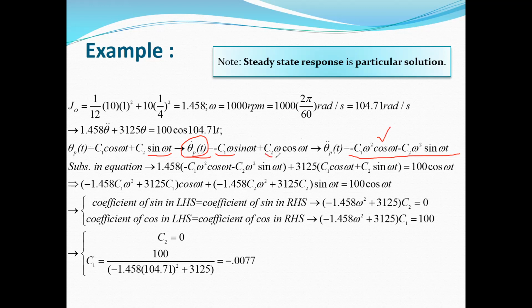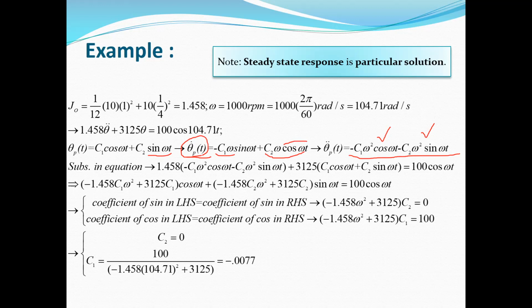And for the term that includes C2 and omega, which are constants, the derivative of cosine omega t is again minus omega sine omega t, and we have another omega here, so it will be minus C2 omega squared sine omega t. So this is the second term.